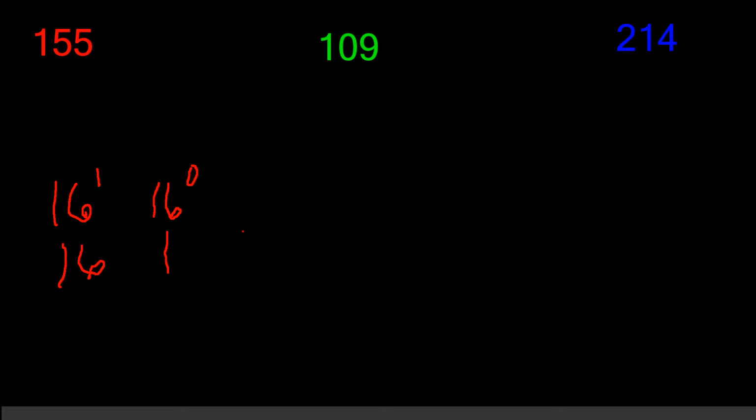So the first thing that we need to do here is take 155 and divide it by 16. So 155 divided by 16 is 9.6875. So the whole number we get there is 9. So we can put a 9 there, because 16 goes evenly into 155 9 times.